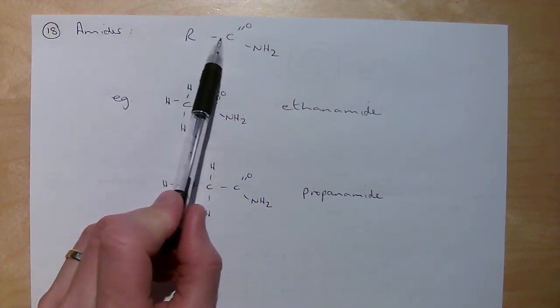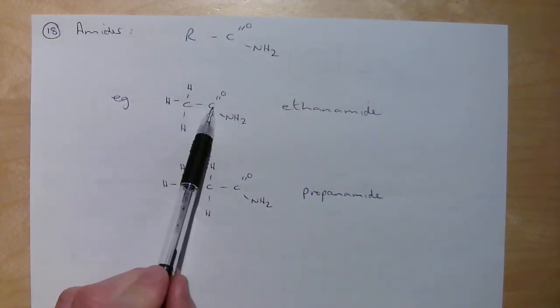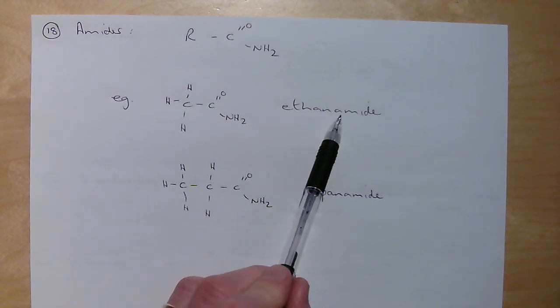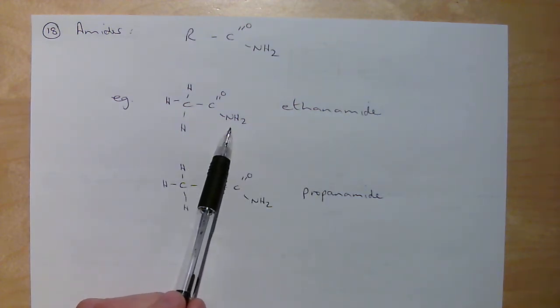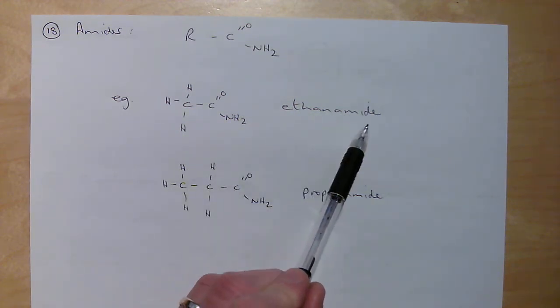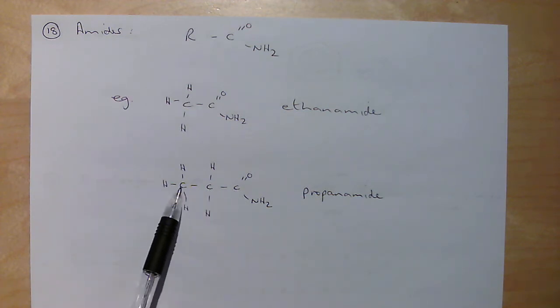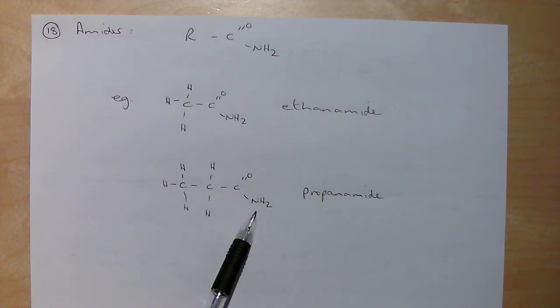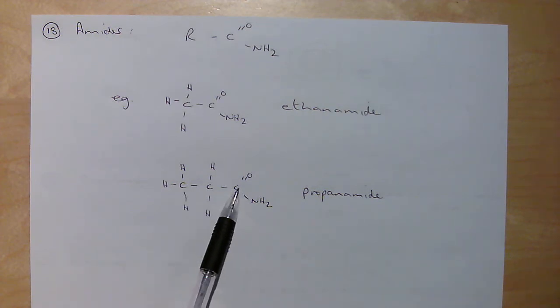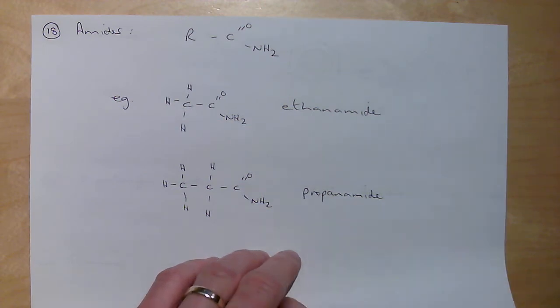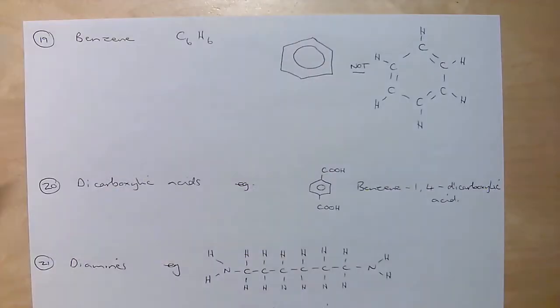So there we go, RCONH2. This one is called ethanamide, and it's an amide, isn't it? And this one with three carbons is propanamide.